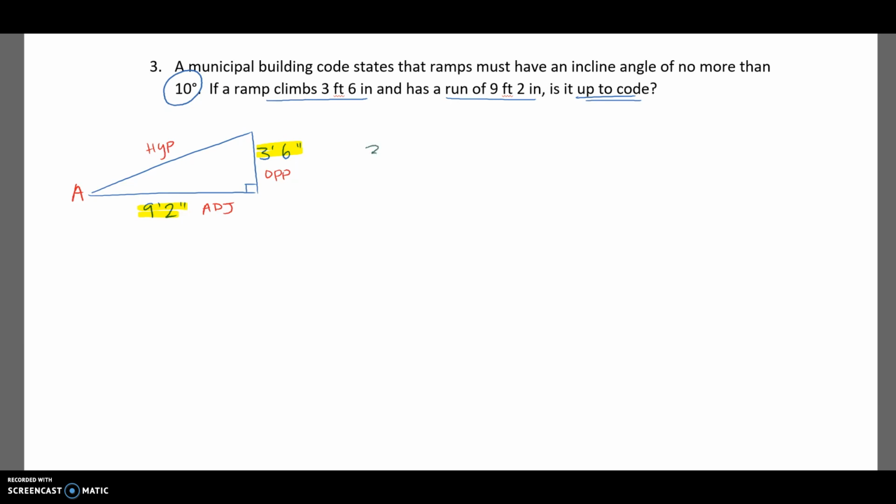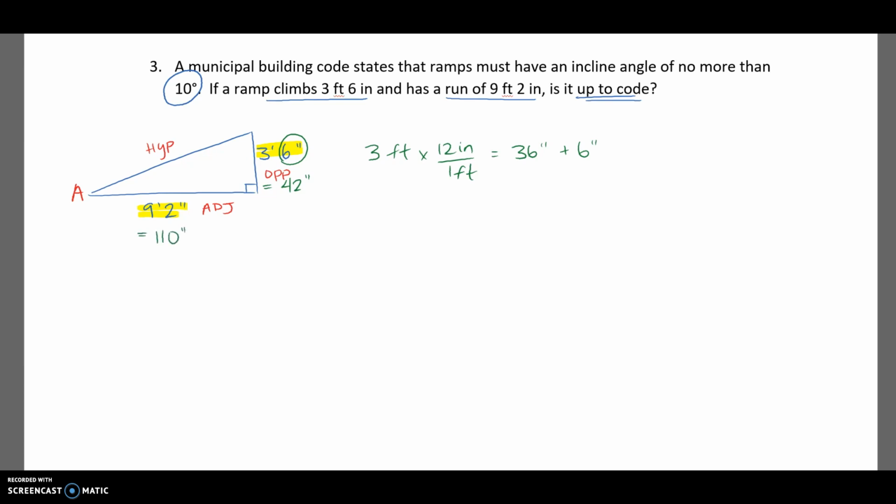So 3 foot 6 inches, 3 feet, times 12 inches per 1 foot will give you the number of inches in 3 feet, and then make sure you remember to add the other 6 inches. So the 3 feet is equal to 36 inches plus 6 inches. This is a total of 42 inches for the rise. If you do the same for the run, we get 110 inches.